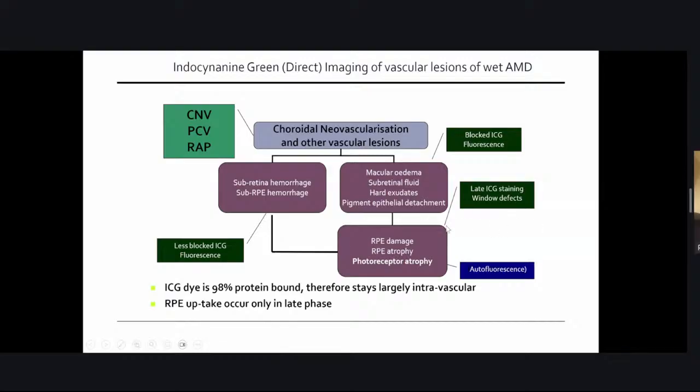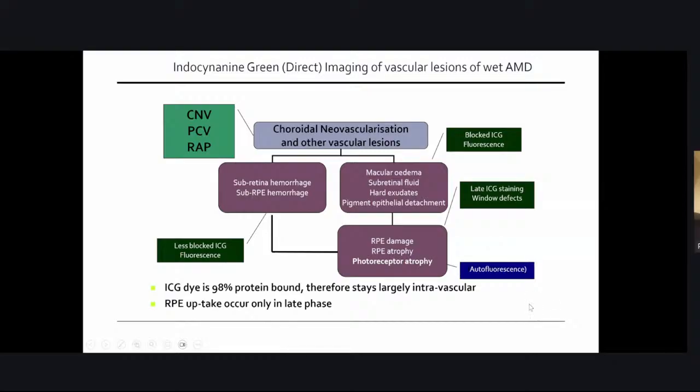The second point is that ICG not only stays within the vascular, but because it is imaged by infrared, it can reach deeper underneath the RPE. So it is very useful to image choroidal vasculature and choroidal new vessels that are lurking underneath the RPE.